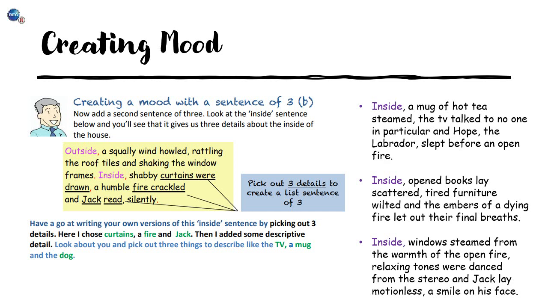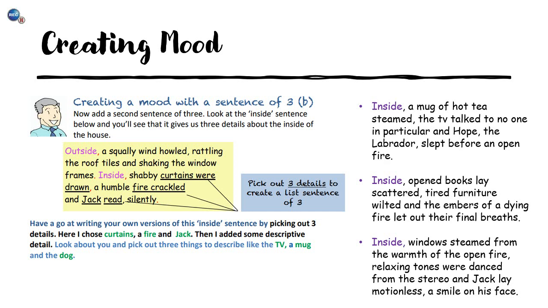Excellent. So by now you should have 6 different sentences, and those sentences should help you to create opposites, describe an outside and inside. So what would be great would be to choose 2 of them or pair them up, and in your home learning book just write out a paragraph describing the outside and contrasting it with the inside, and maybe making a few changes so that you create a whole paragraph description.